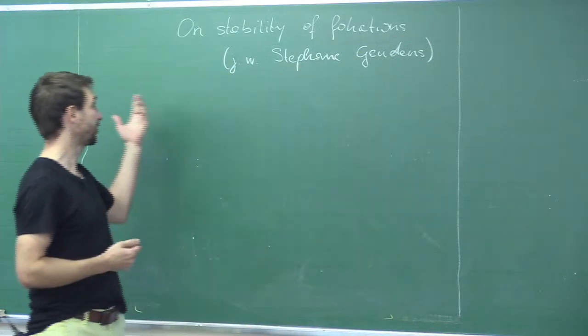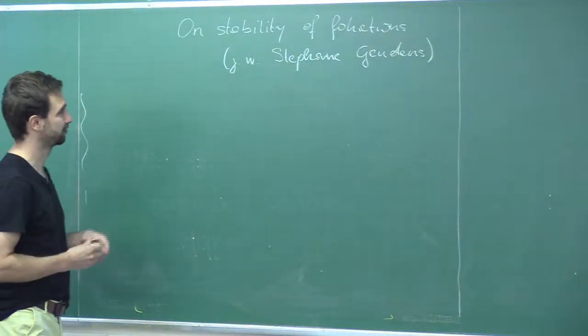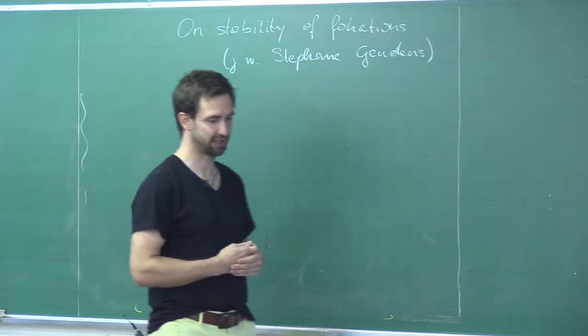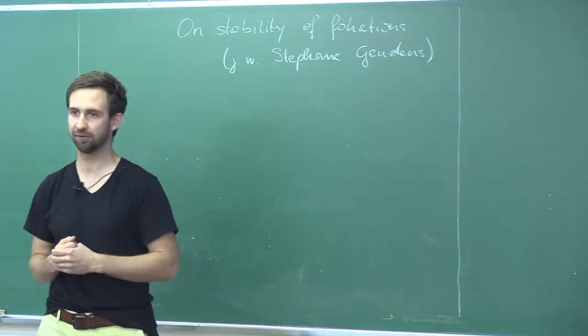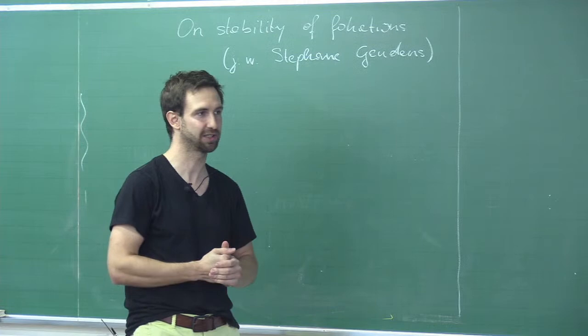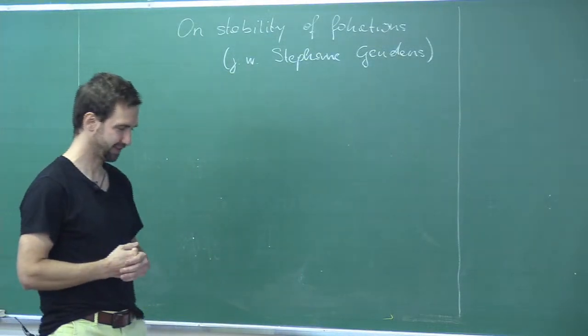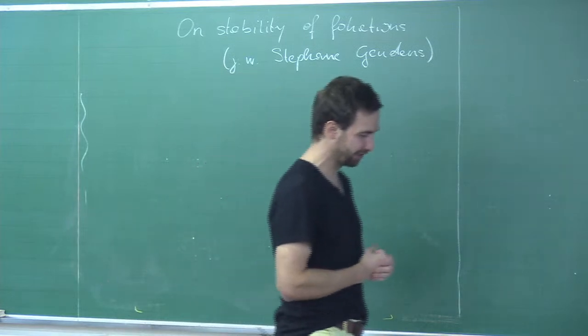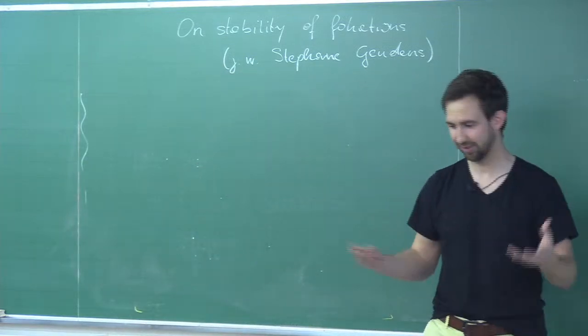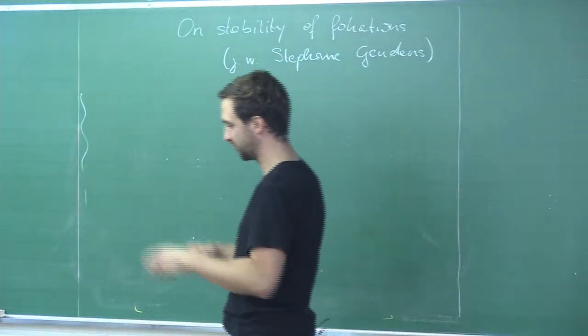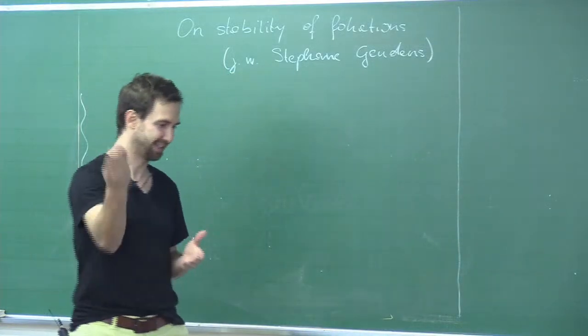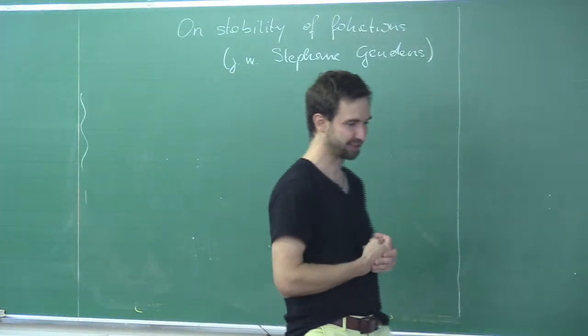And so today I want to talk about some stability results for foliations, and in particular a joint project with Stefan Goedens, who is a postdoc at University College London. Right, as it happens sometimes in math, you have some idea which you want to work on, and then you wander off into the wild trying to understand, and then you end up somewhere completely different.